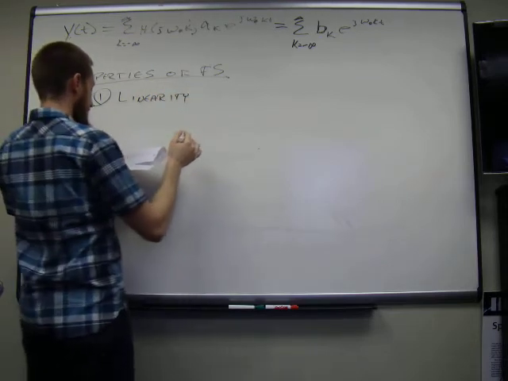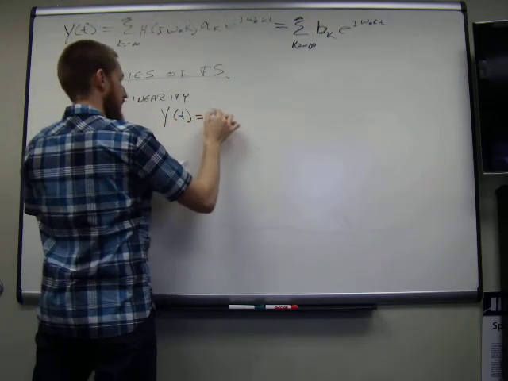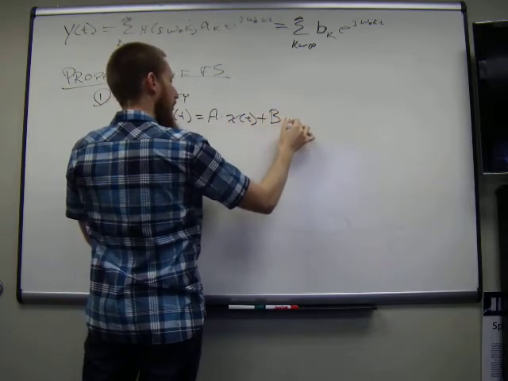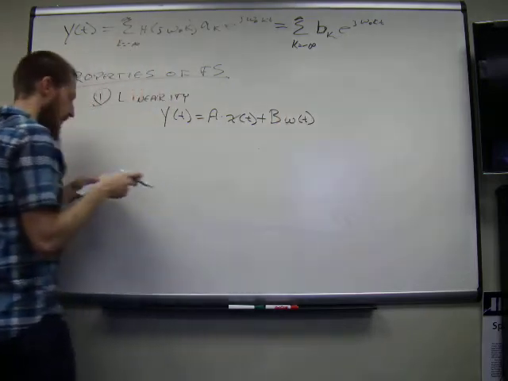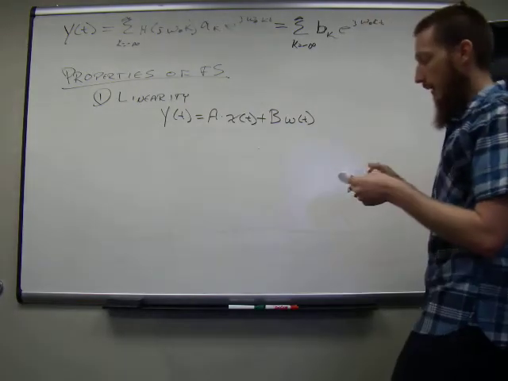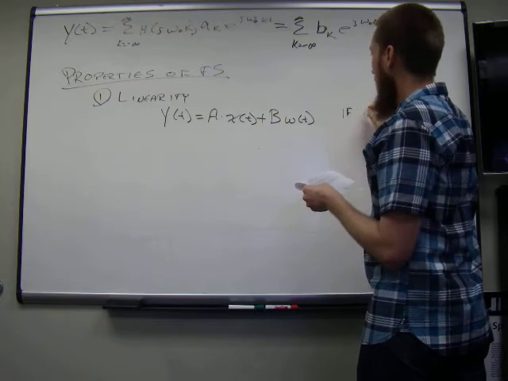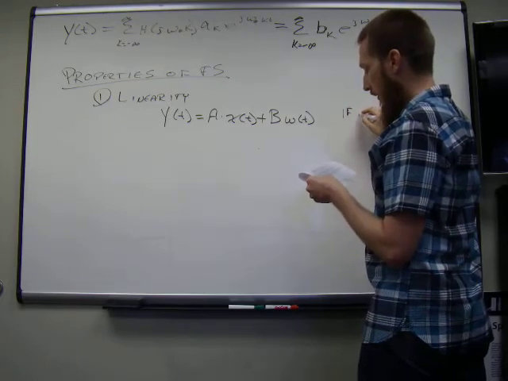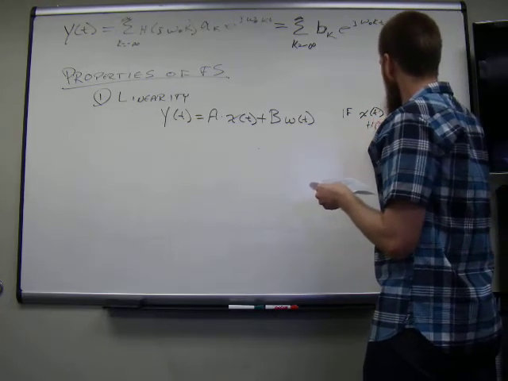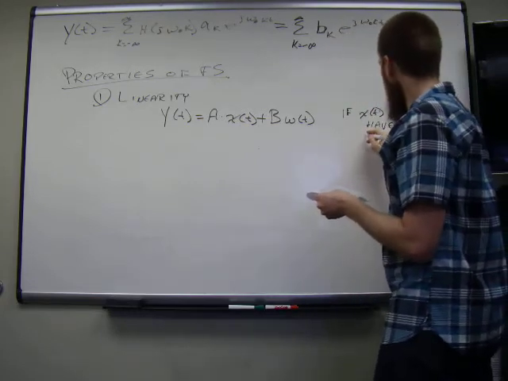If we have y of t is equal to a times x of t plus b times w of t, then it has a period both if x of t and w of t have omega naught as the fundamental frequency.